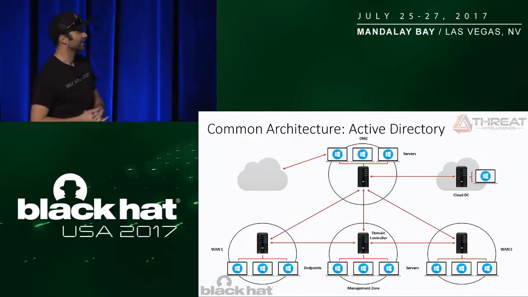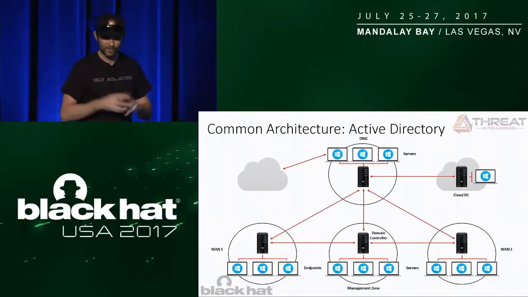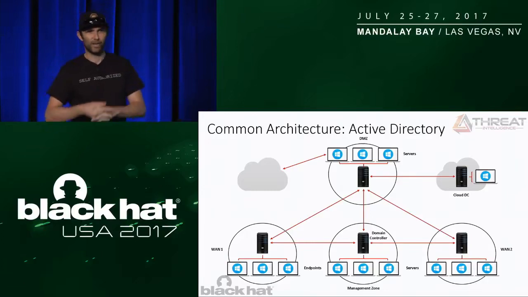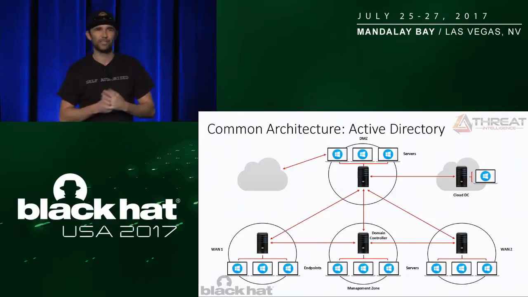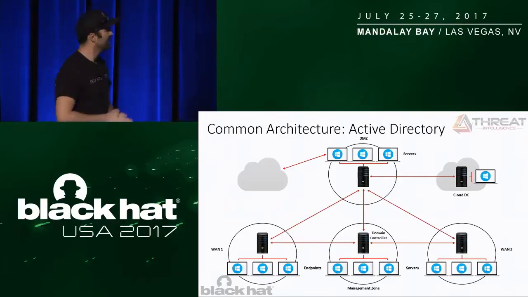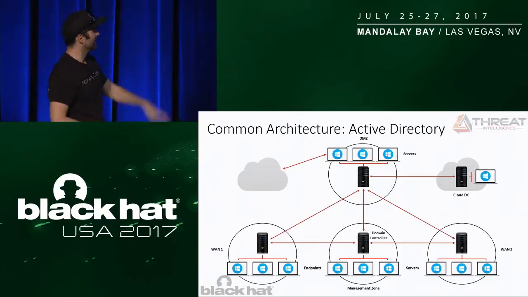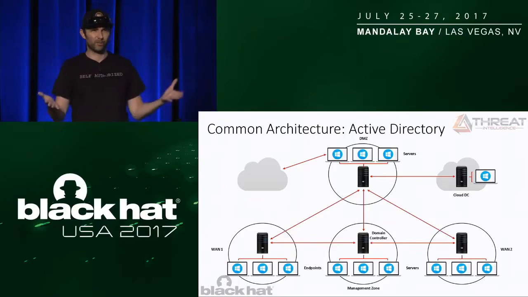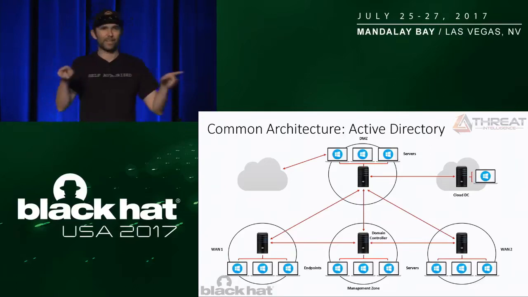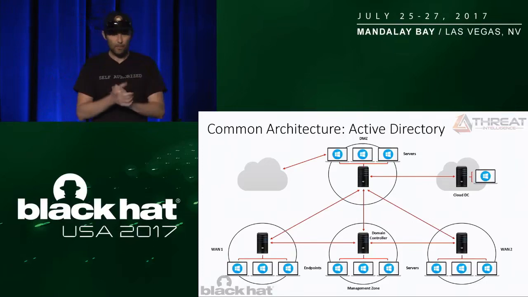And then you've got your various security zones, which may be your WANs or your various network segments, and they may have their own domain controllers in there as well, right? You can see each of the domain controllers can talk to each other, as well as out to the cloud. And each of the systems in each of the different security zones can talk to the domain controllers, but not talk to each other. But the domain controllers can talk to each other, right?